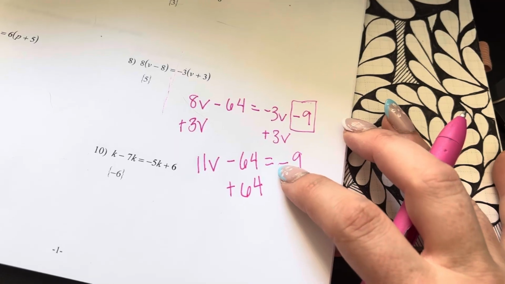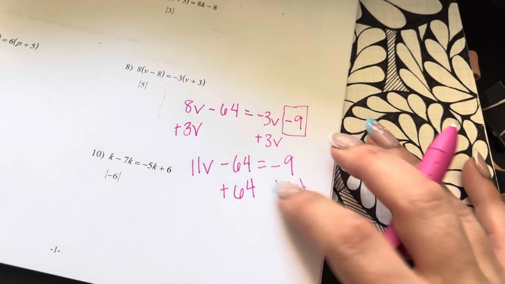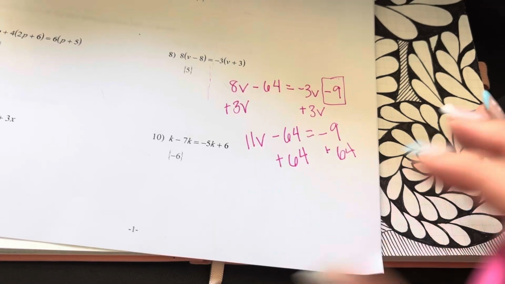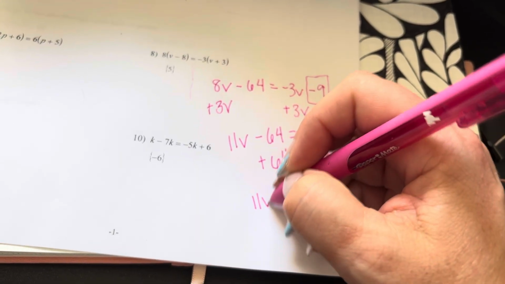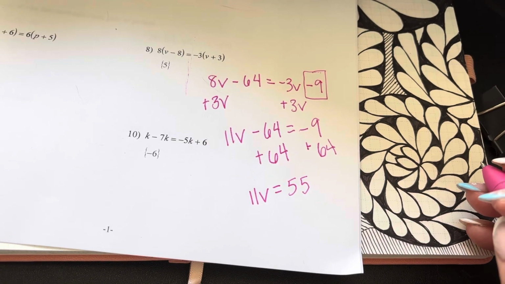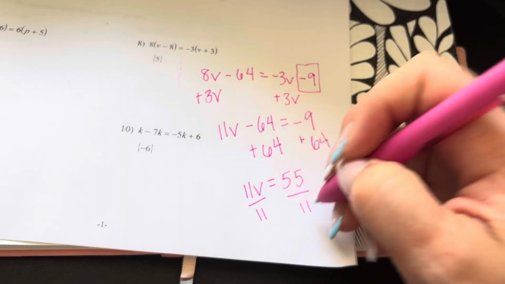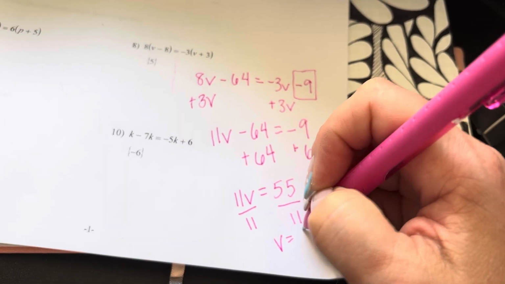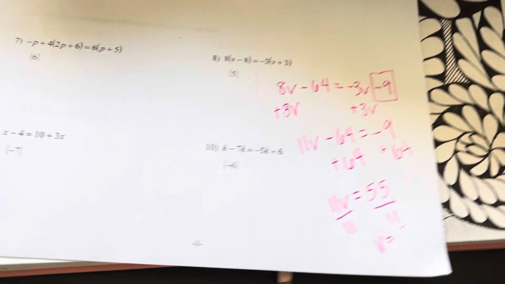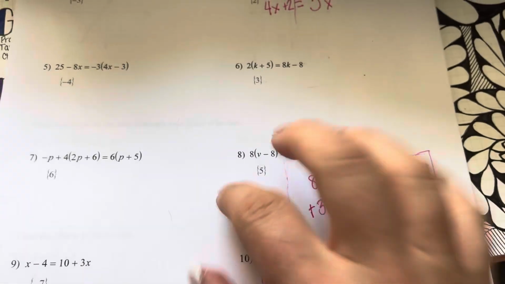Type -9 plus 64, and it should pop out with 55, positive 55. I'm going to divide by 11. V equals 5, which we already know. It's up there. So that is the first side to this homework assignment, or this test tomorrow.